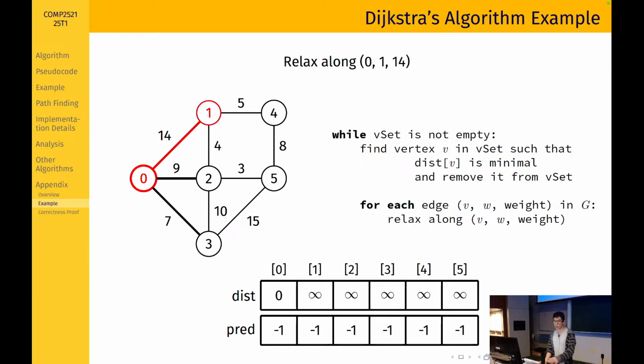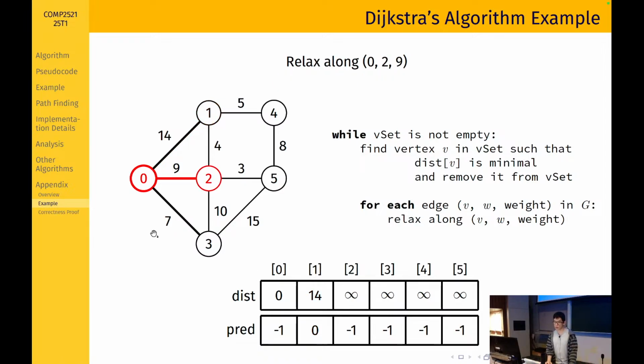So when we relax along 0, 1, we're going to see that we have a new path from 0 to 1, which costs 14. And that's smaller than infinity. We haven't seen 1 yet, so we're going to update the distance to 14, and we're going to update the predecessor to 0.